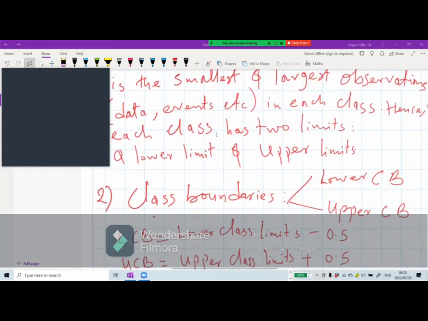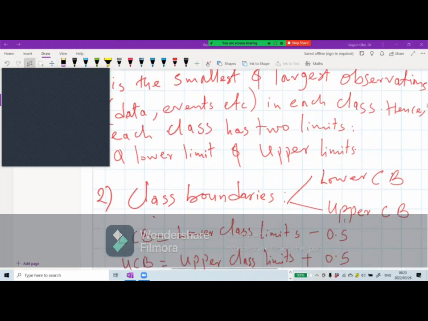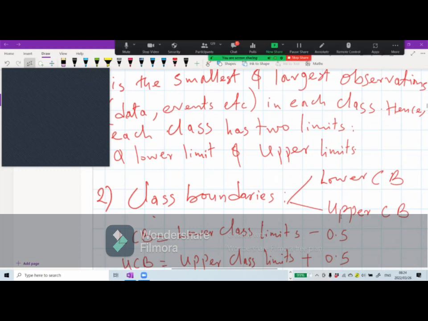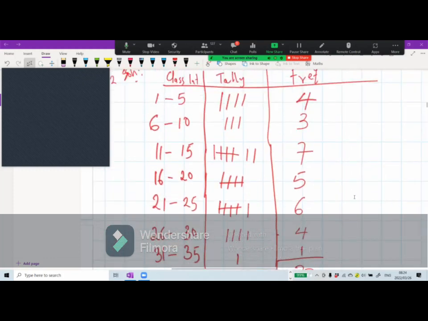Are we adding it together? For which of them? Lower class limit for what? Is it how to get the lower class limit? We are just saying the lower class limits are the smallest. They are divided into two. Remember last week when I gave you an assignment, look at this.